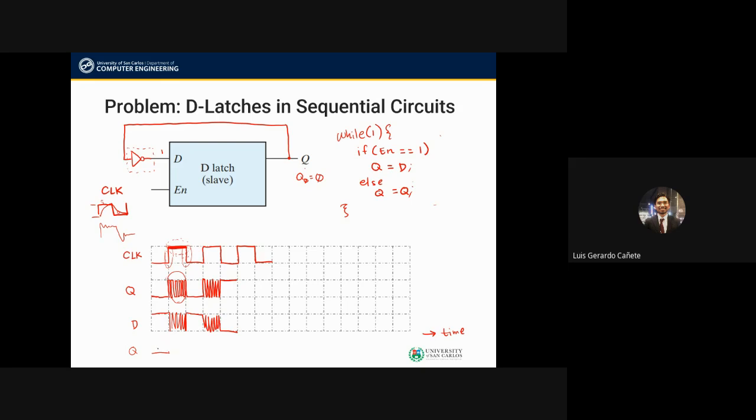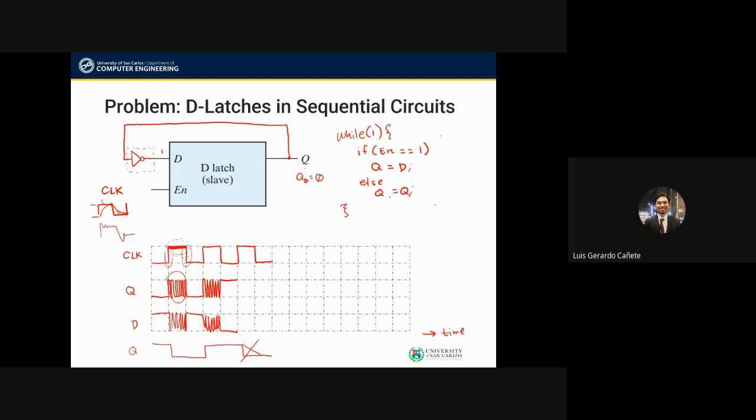So what we wanted was that the output of Q would be something like that, right? When this goes to 1, copy Q and invert that. That is what we initially wanted. But the side effect of using a latch is that we don't get this one, because the latch continuously switches back and forth because of this property right here.